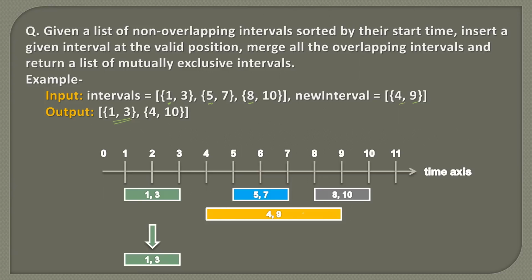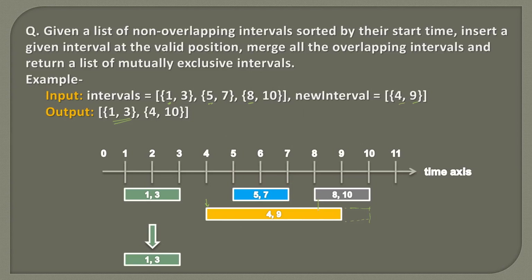But in this case, 4, 9 is ending at 9 and 8, 10 is ending at 10. So if we put 8, 10 on top of 4, 9, the region will get expanded till 10. And as 4 is less than 8, so start will remain the same, but end will change because 4, 9 is overlapping with 8, 10.